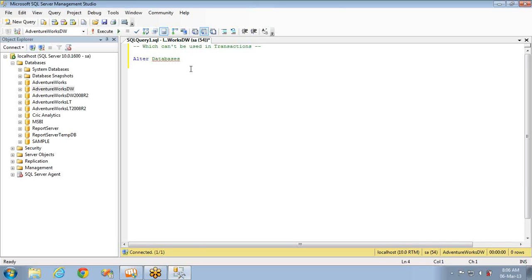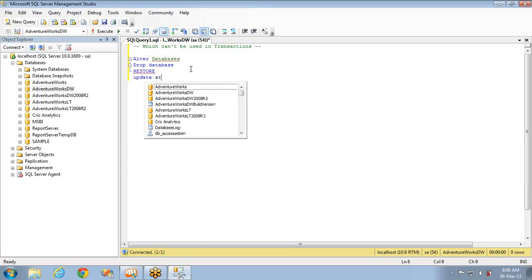The set consists of ALTER DATABASE, DROP DATABASE, the RESTORE keyword, and UPDATE STATISTICS.